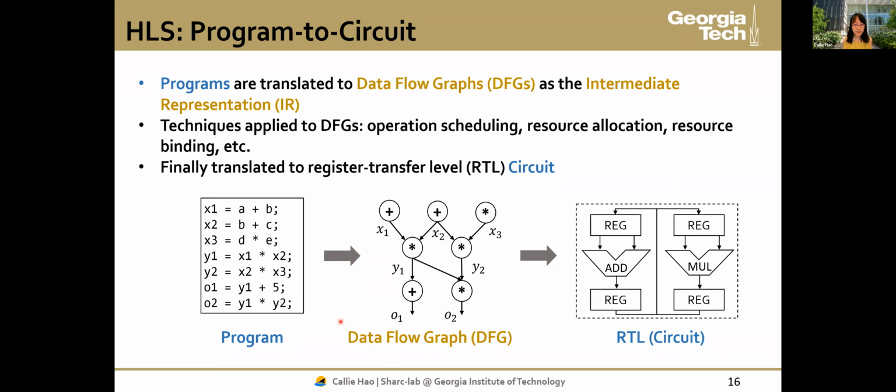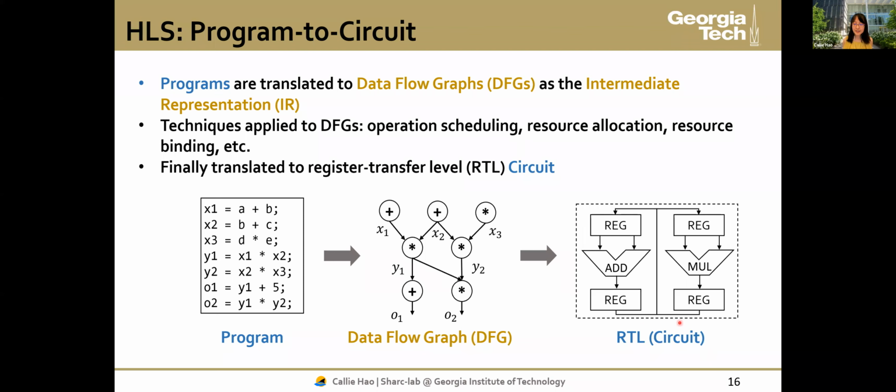So these programs are translated into data flow graphs, and based on these data flow graphs, we can apply some traditional high-level synthesis technologies such as operation scheduling, resource allocation, resource binding, and so on. And then these data flow graphs can be translated to the register transfer level. For example, this can be written in Verilog.